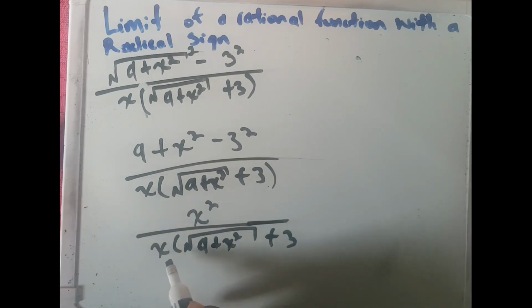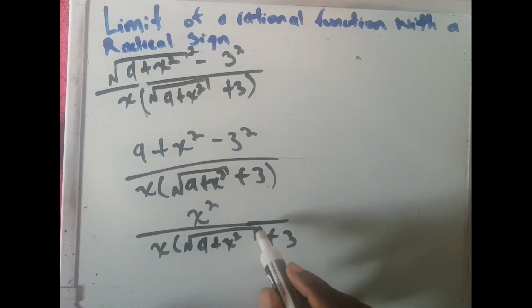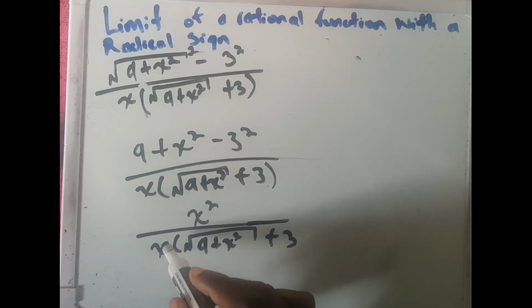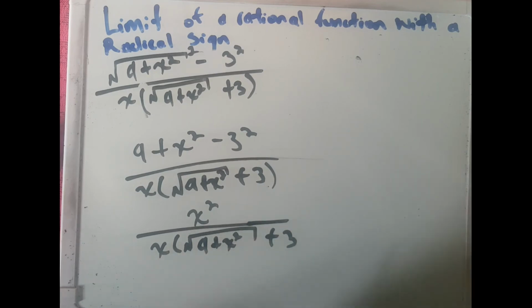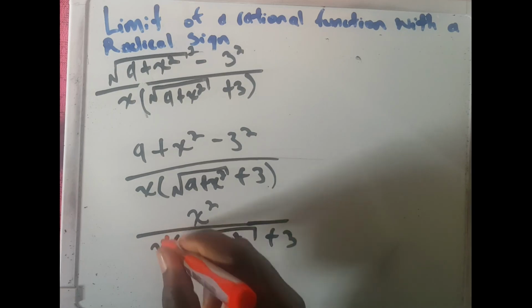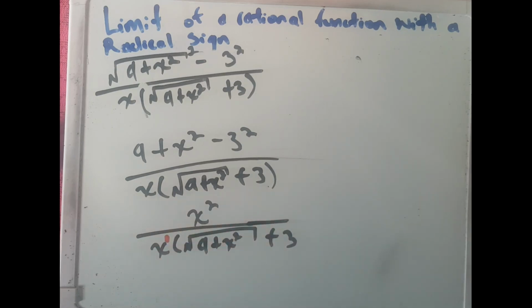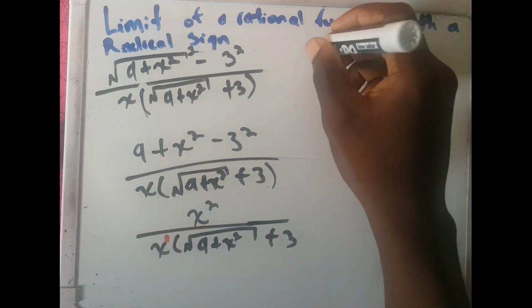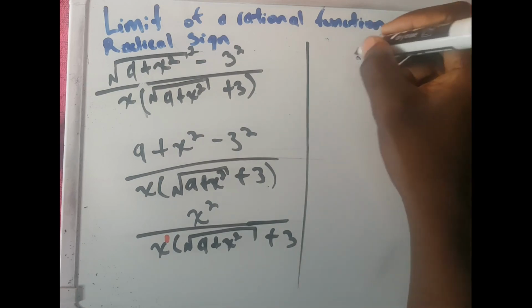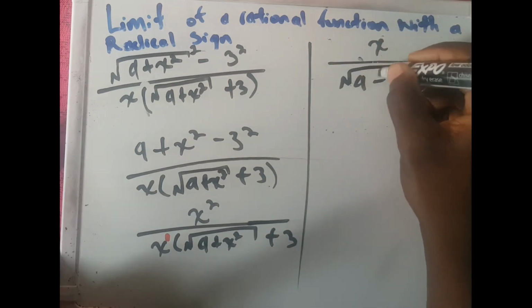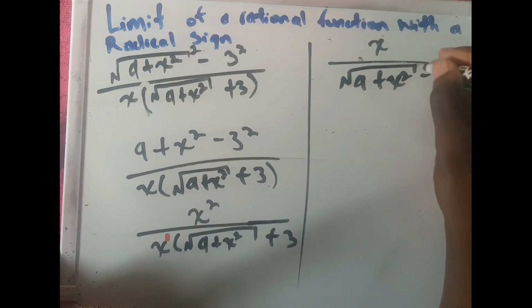This is basically x times x over x. So there's a 1 here, and this 1 from indices will subtract from that 2. So I will be left with x in the numerator over root 9 plus x squared plus 3.